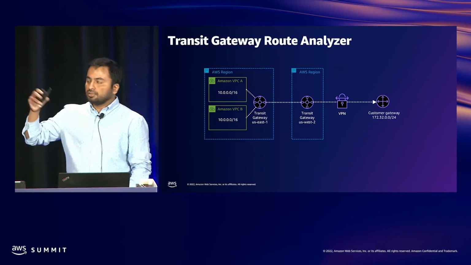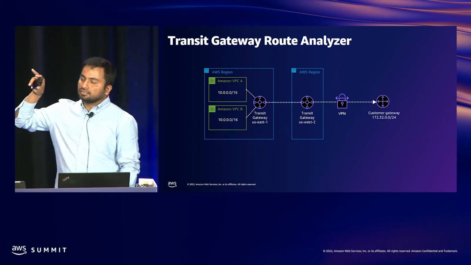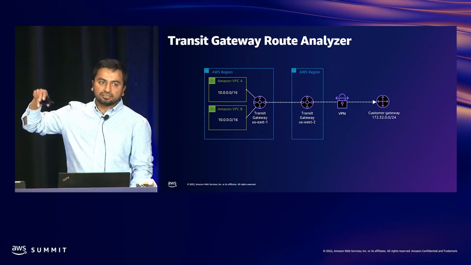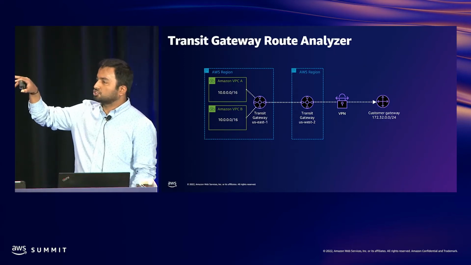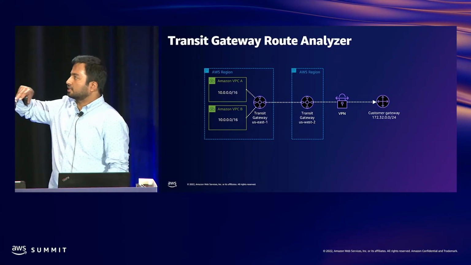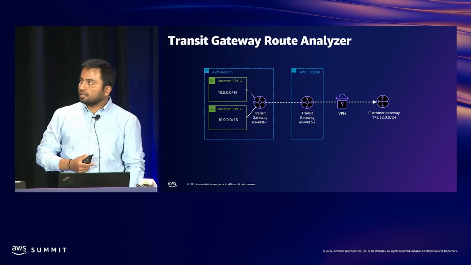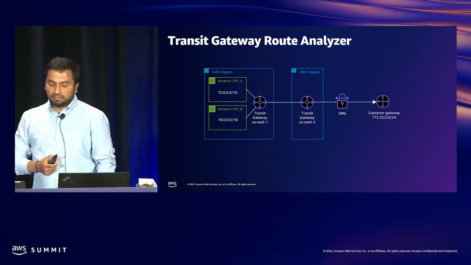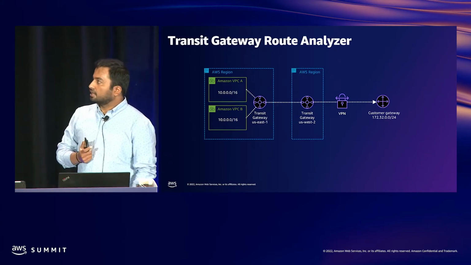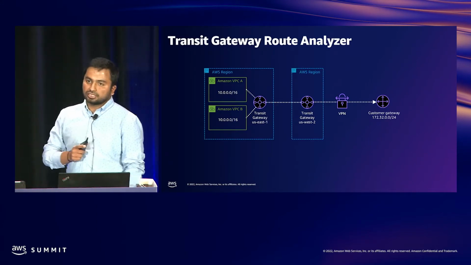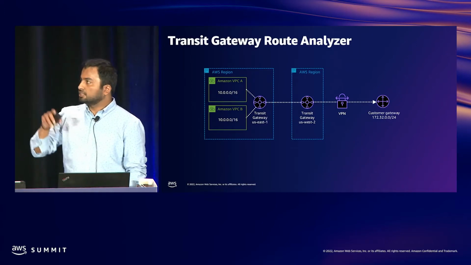You can imagine that diagnosing connectivity issues gets complex if you have a chain of connectivity using transit gateways. And that's where Transit Gateway Route Analyzer comes in to help.